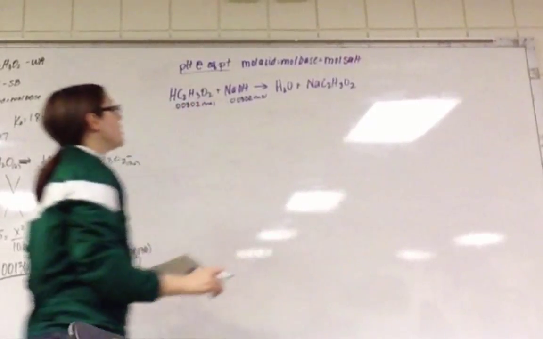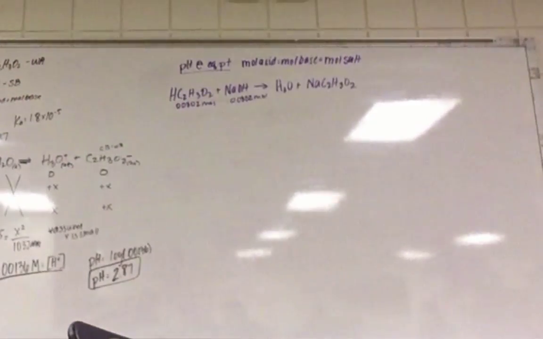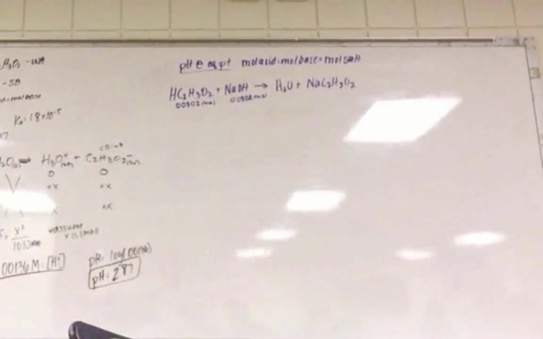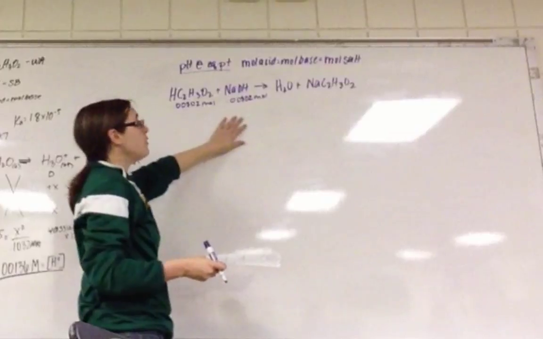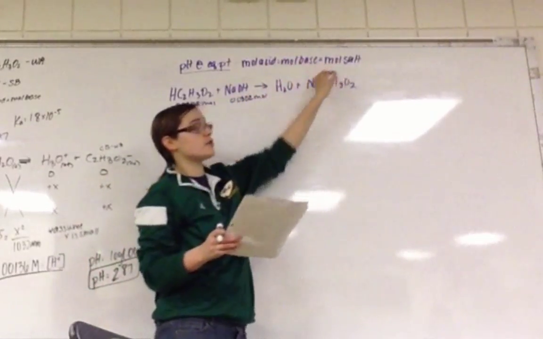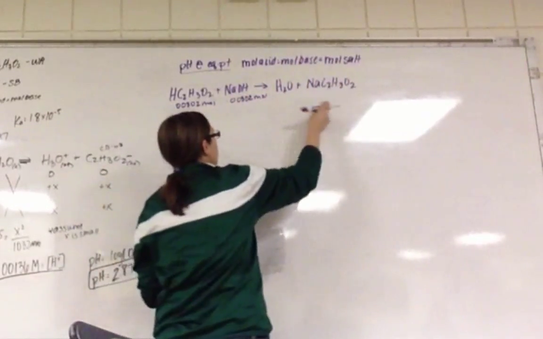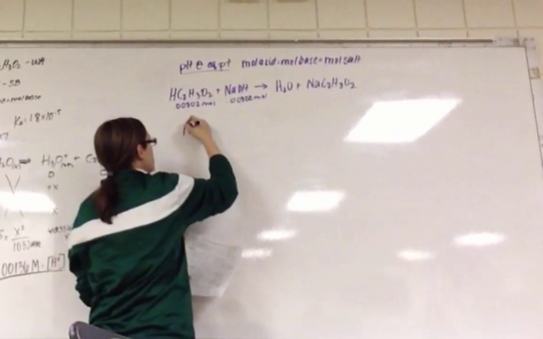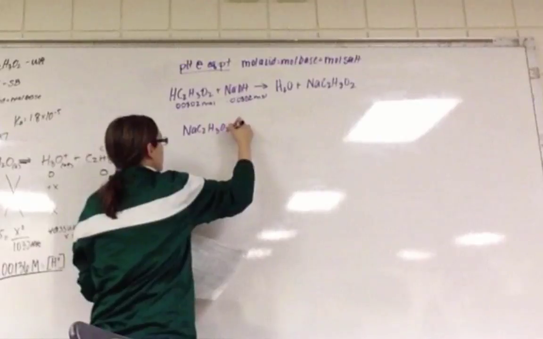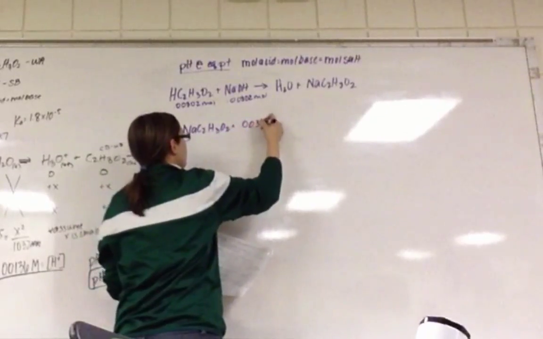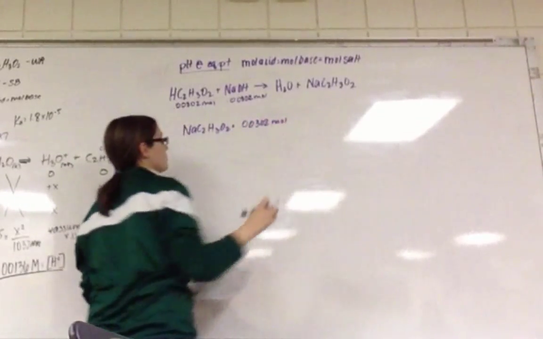At the equivalence point, moles of acid equal moles of base, which also equals moles of salt. If you remember that, you don't necessarily have to write this out, because you know at the equivalence point you have 0.00302 moles of salt.